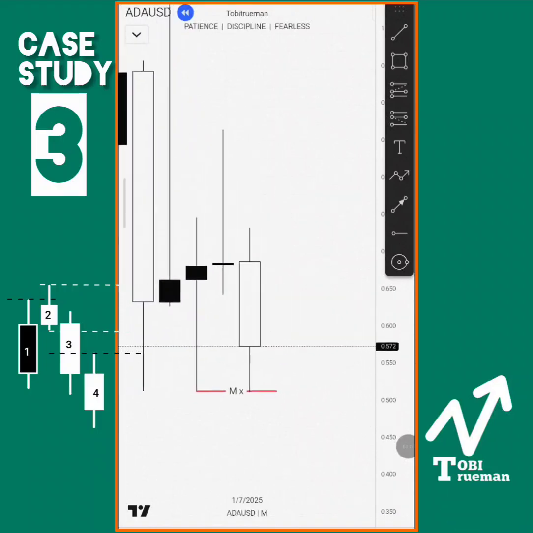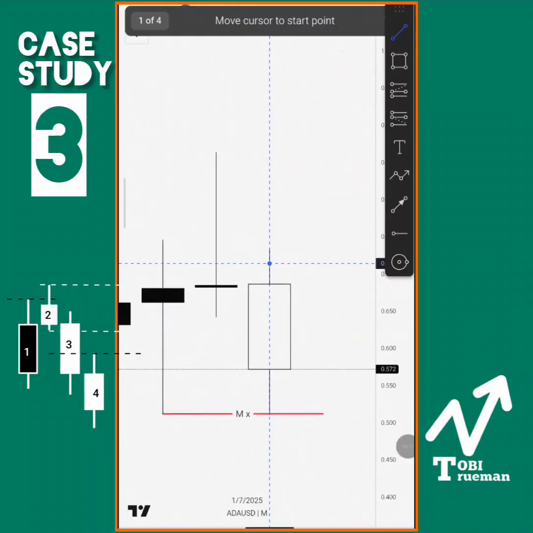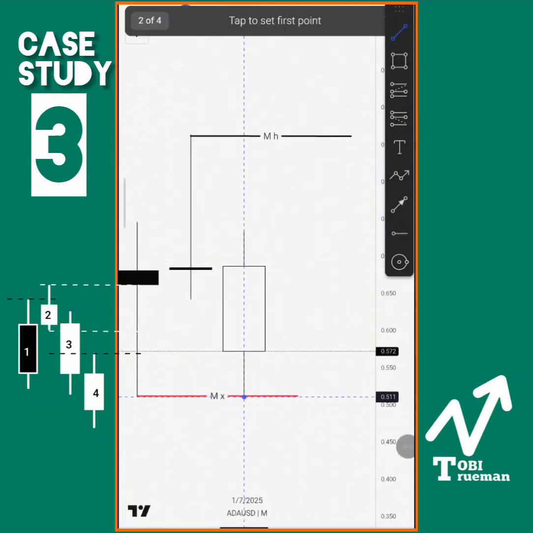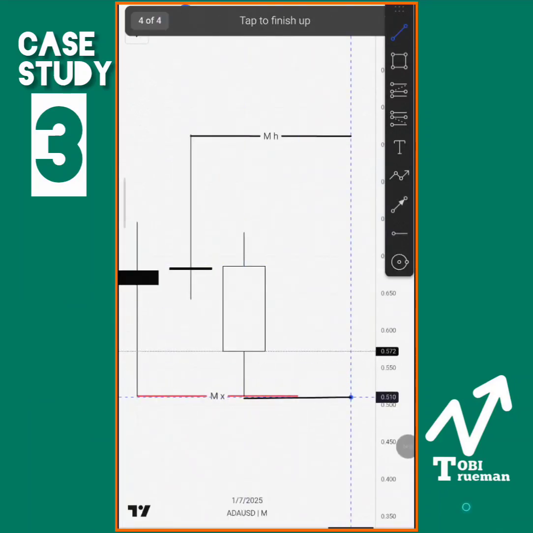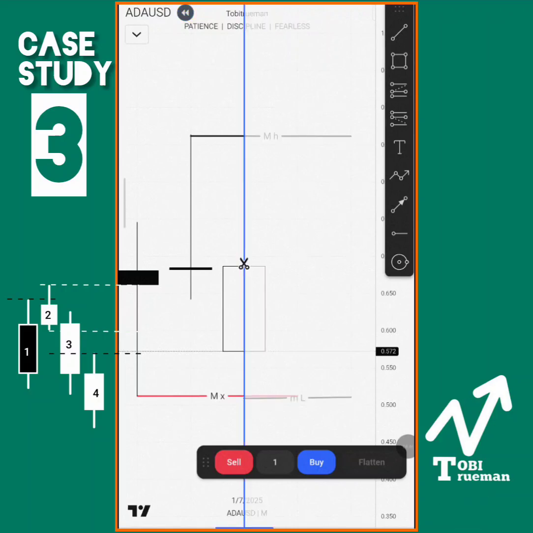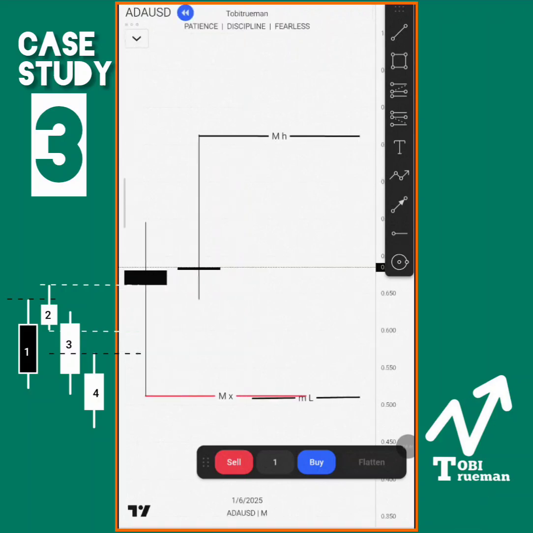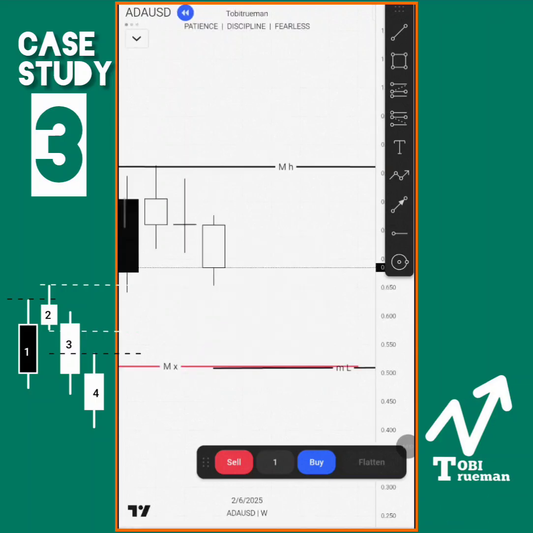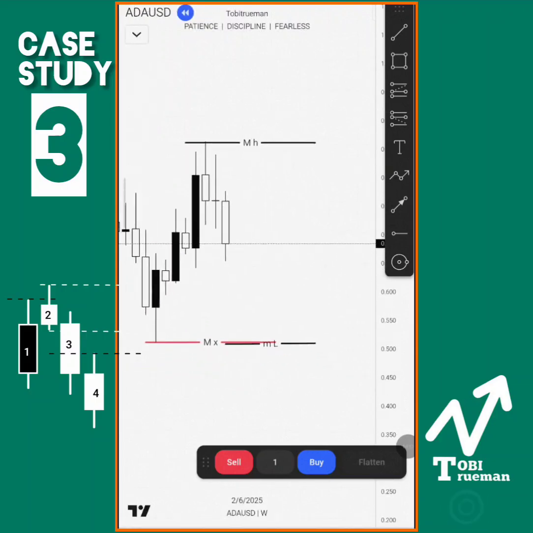So with this type of formation, we cannot say that this is a monthly high and this is going to be a monthly low. To be able to have a proper playback, let's remove this particular weak candlestick and go to the corresponding weekly time frame and see how this is going to play out.